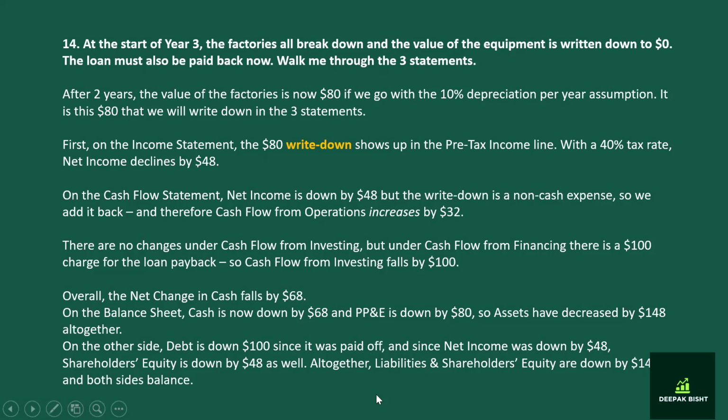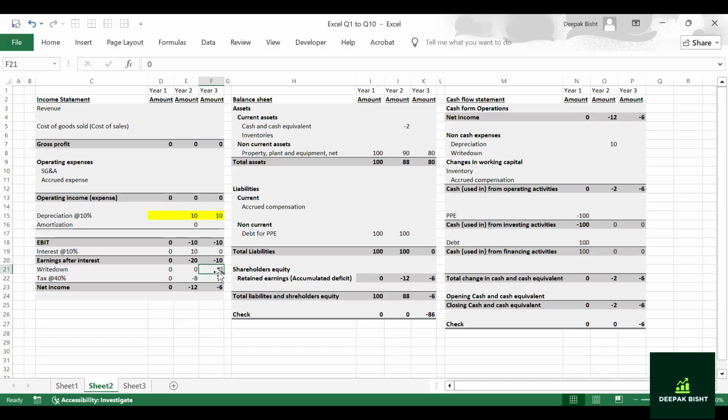There I have written $80, or there is a provision for write down also. So I'm writing down $80 here. If I'm writing down $80 here, my net income after tax will fall drastically.